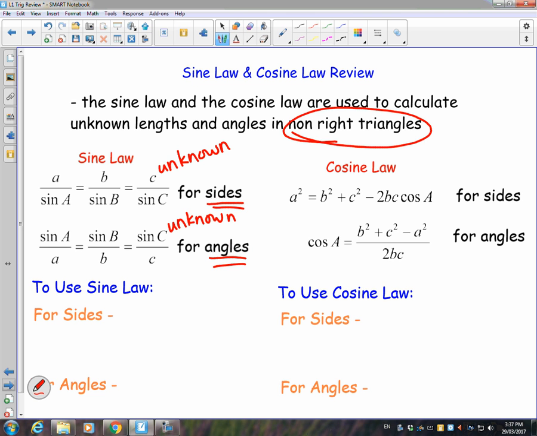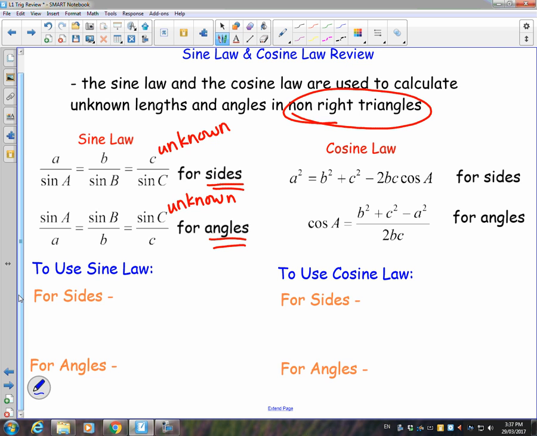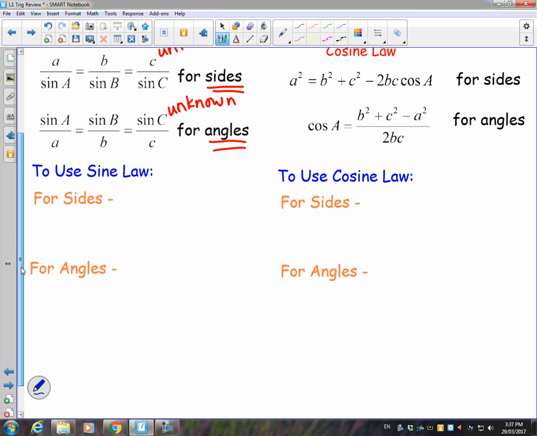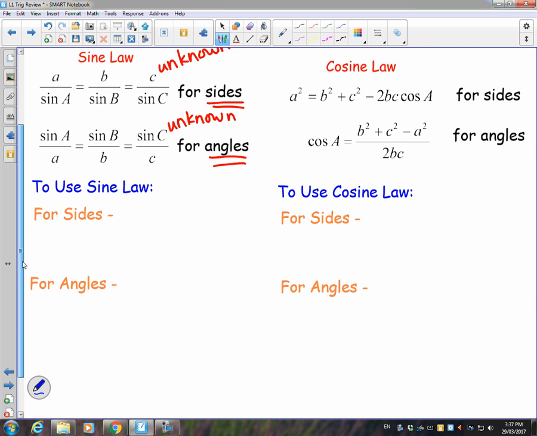So to use the sine law, there's certain information you need to know. You only ever use two at a time, and you can use any two at a time to make it work. When you're using two of those, you need to know three pieces of information.